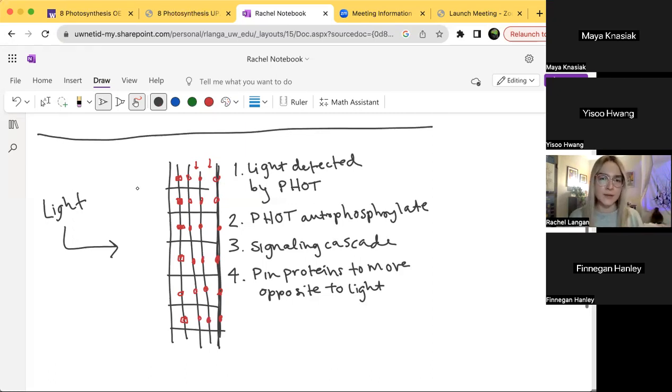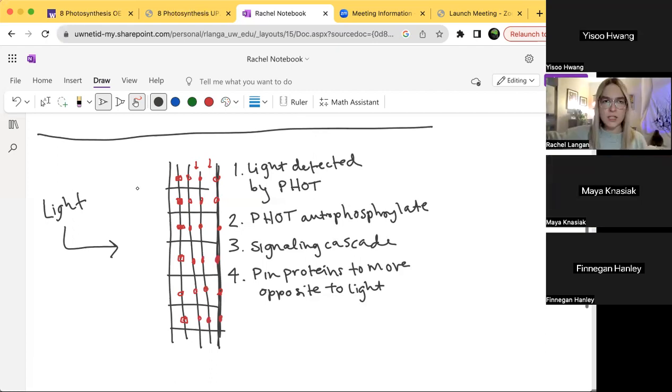It adds a phosphate group. Whenever you hear phosphatase, that's an enzyme that takes a phosphate off. So kinases phosphorylate, phosphatases dephosphorylate. So PHOT is a kinase because it phosphorylates itself. Hopefully that makes sense.